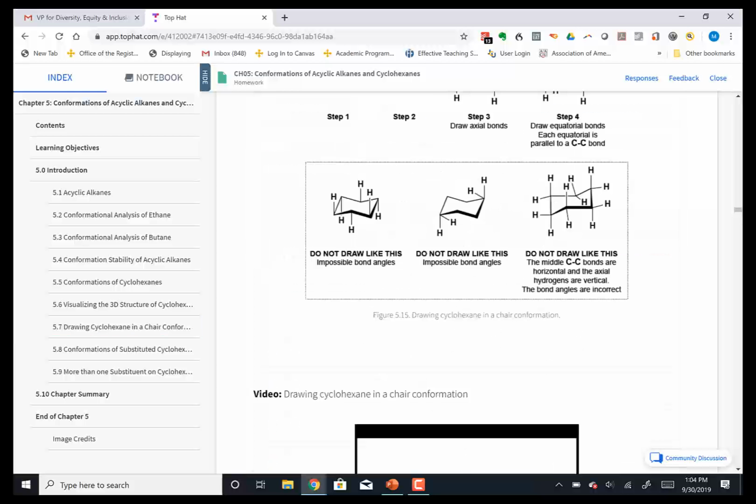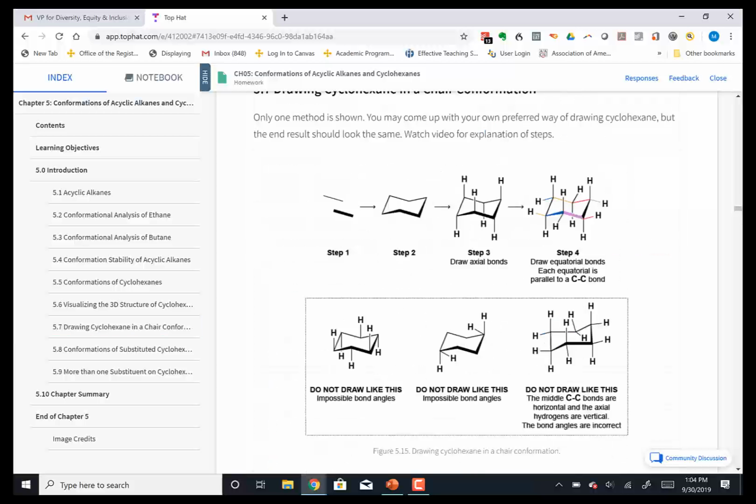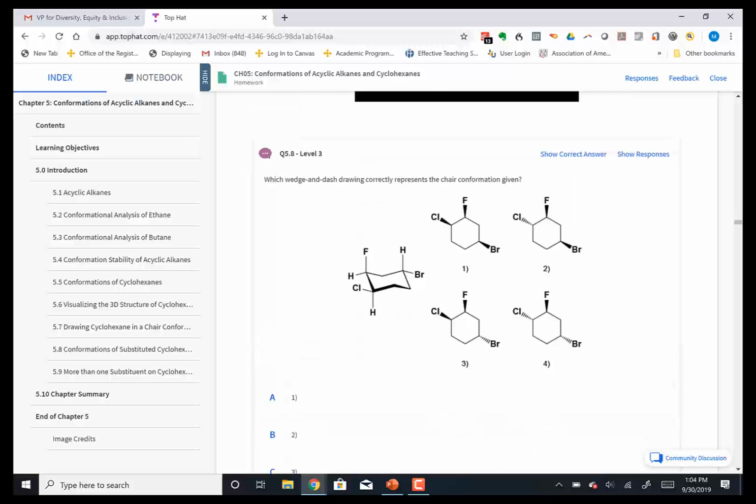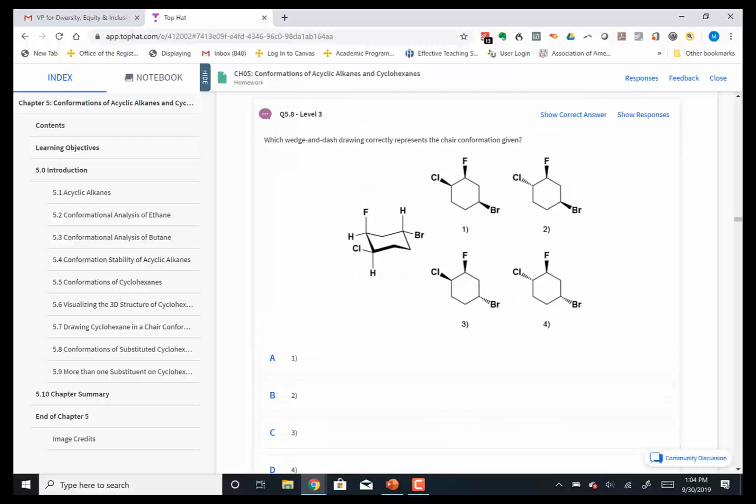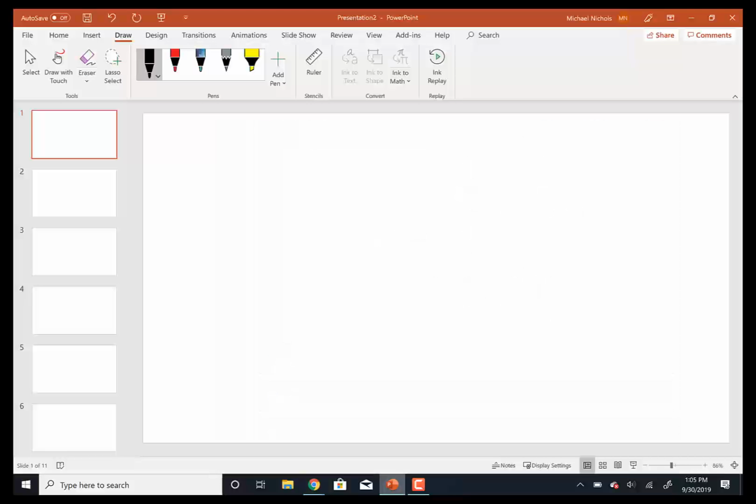Okay. So why is this? How do we handle just the manipulations here of the chair?